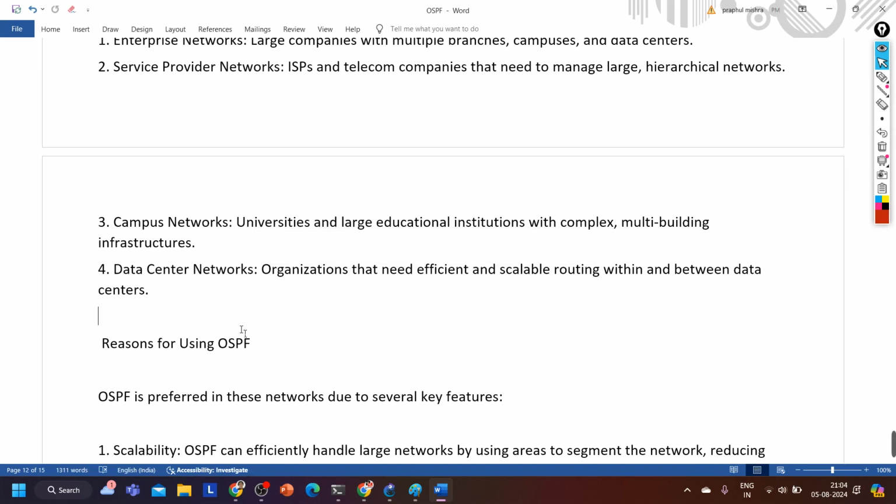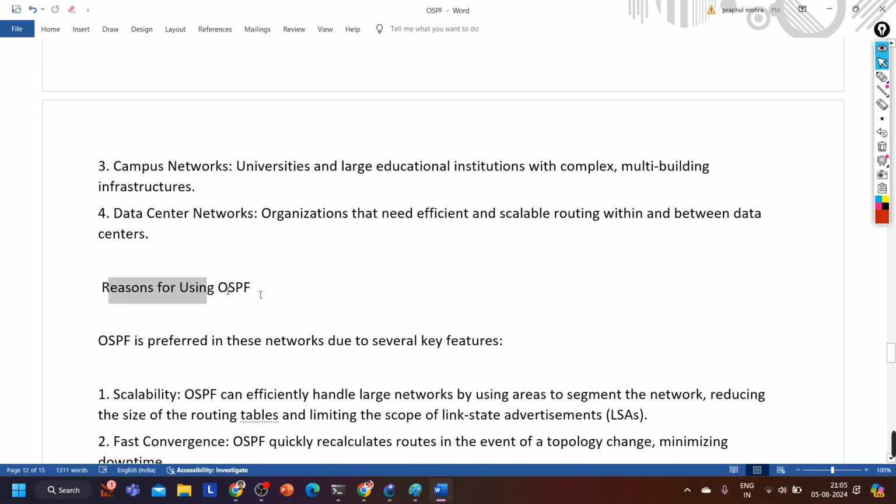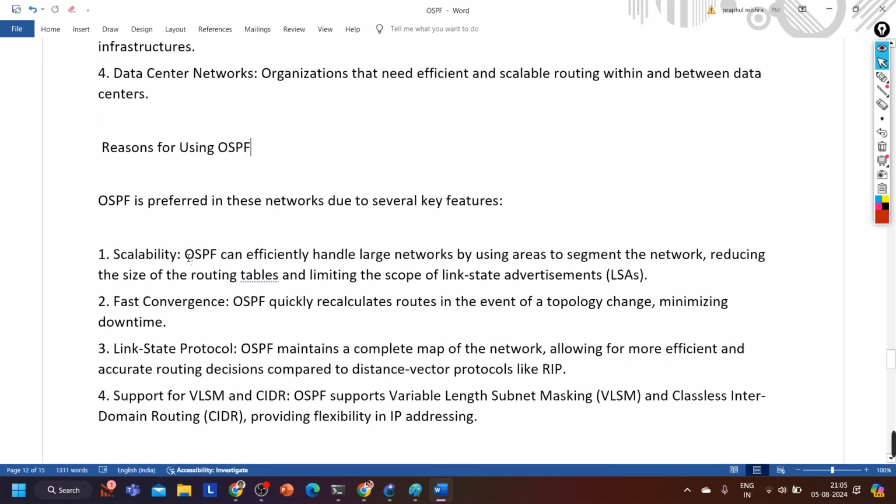Now I am just trying to make you understand the use case of OSPF, suitable network types for OSPF. When I start BGP, guys, I will filter it. You will easily understand, okay, in this type of network I should use BGP. Like that, right? So data centers. Reasons for using OSPF: what are the reasons?